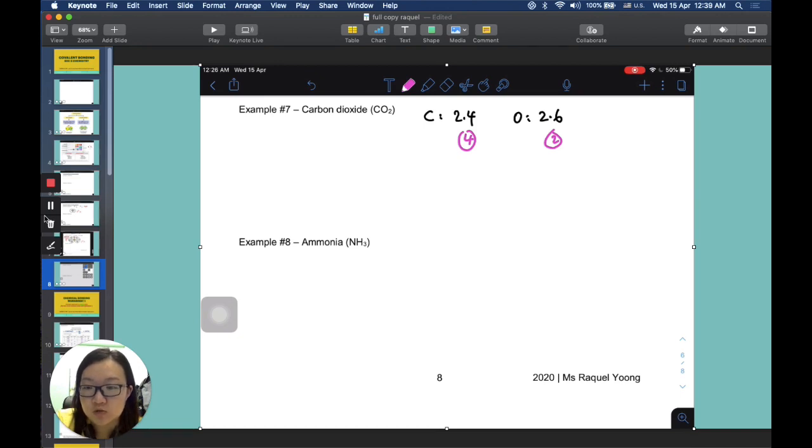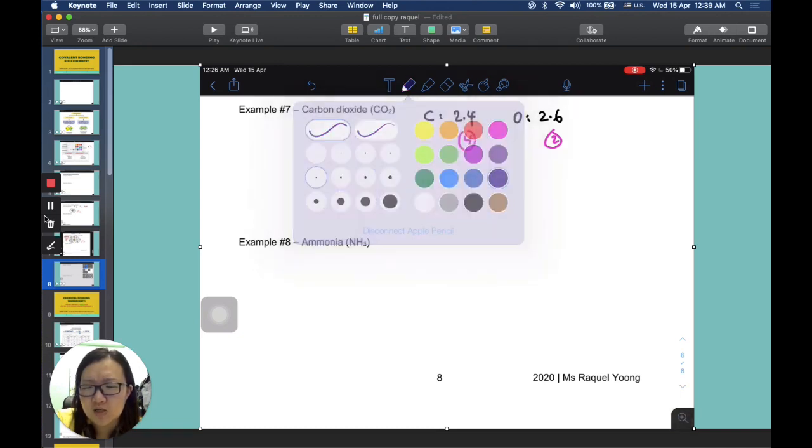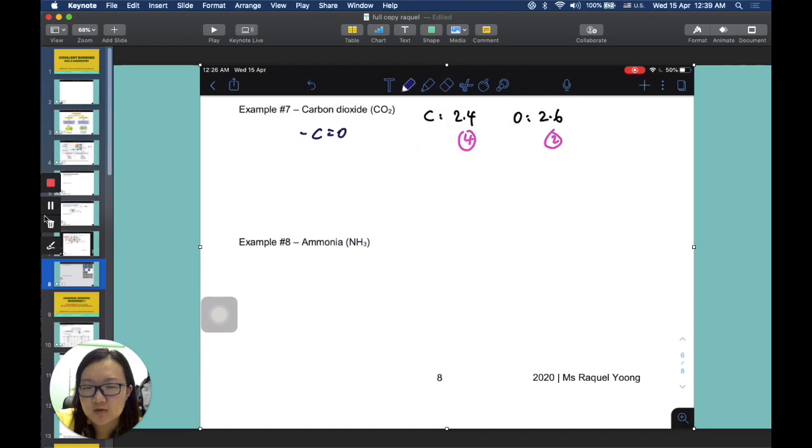Oxygen needs to share 2. So in a way, I would say this requires a bit of mathematical manipulation. If you are more intuitive with math, that might help you a bit. But to help you a bit over here, you see that carbon dioxide actually has this structure, 2 double covalent bonds.